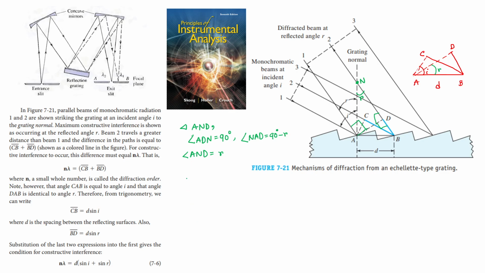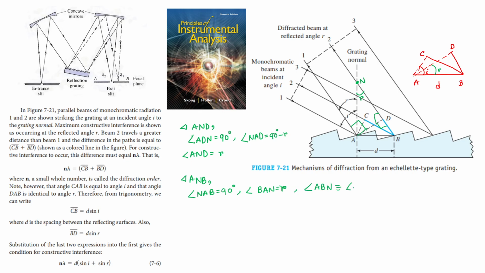Now suppose we consider the triangle ANB. For there we know that angle NAB is 90 degree. Now angle BAN is R. So what about angle ABN?